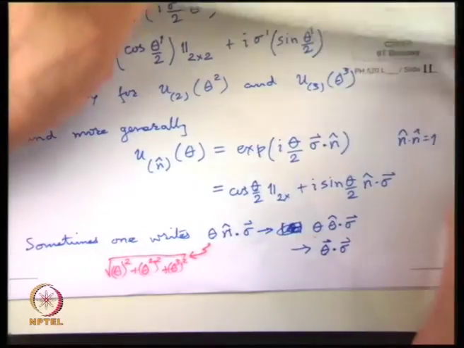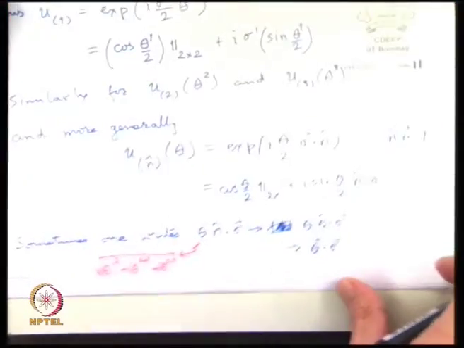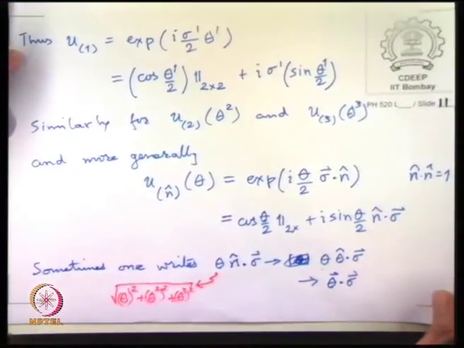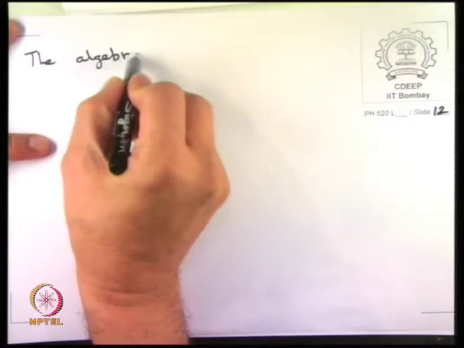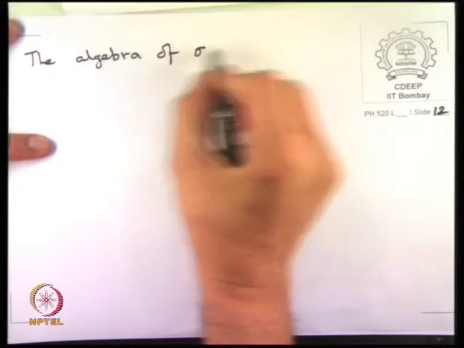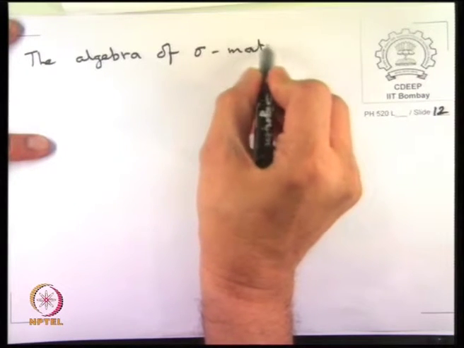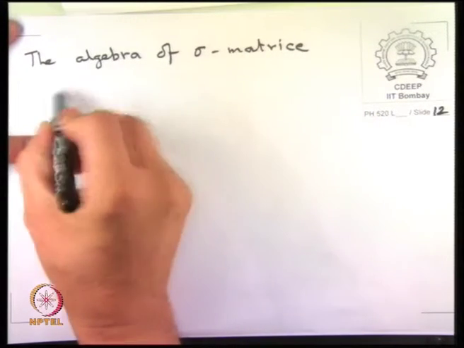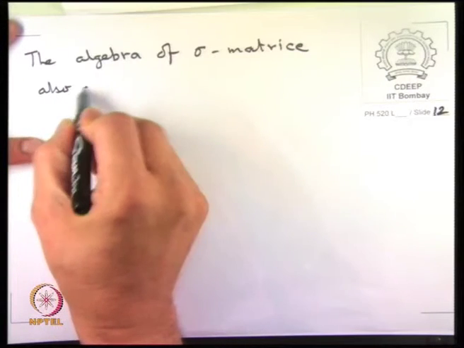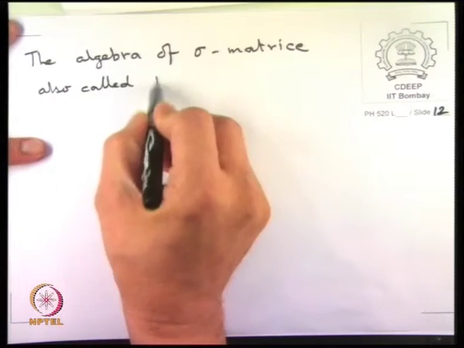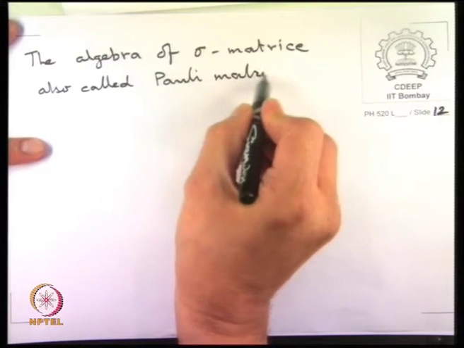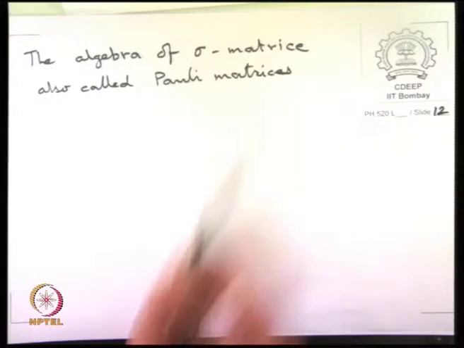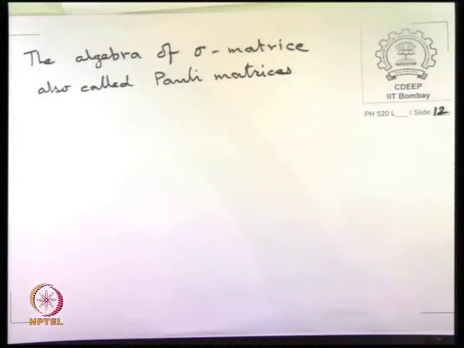So now we come to the interesting punchline of all this, is that the algebra of sigma matrices, which are also called Pauli matrices, and in many books sigma matrices are written as tau matrices, using the symbol tau.